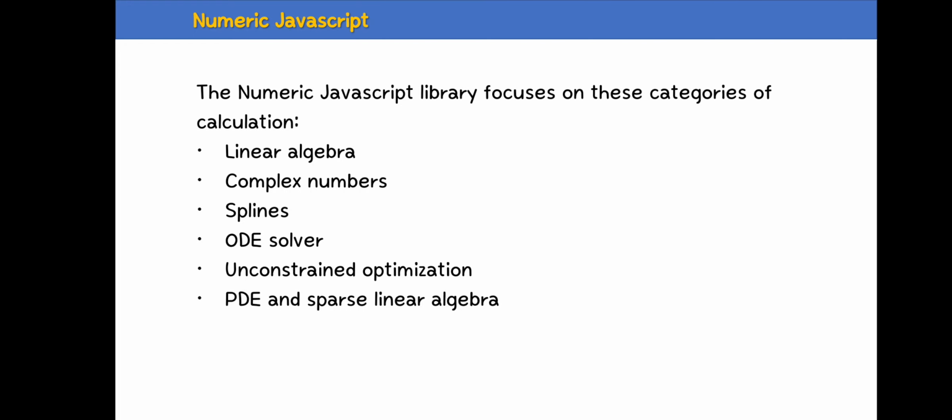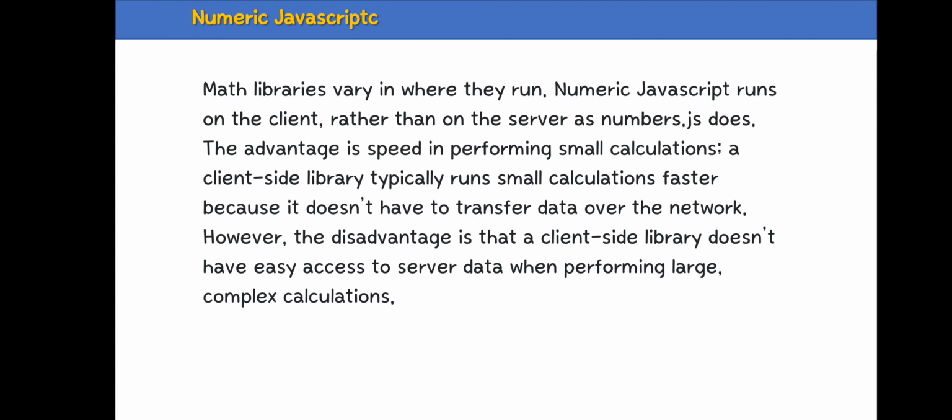The numeric JavaScript library focuses on these categories of calculation: linear algebra, complex numbers, splines, ODE solver, unconstrained optimization, PDE, and sparse linear algebra. Math libraries differ in where they run. Numerical JavaScript runs on the client rather than on the server, as numbers.js does.